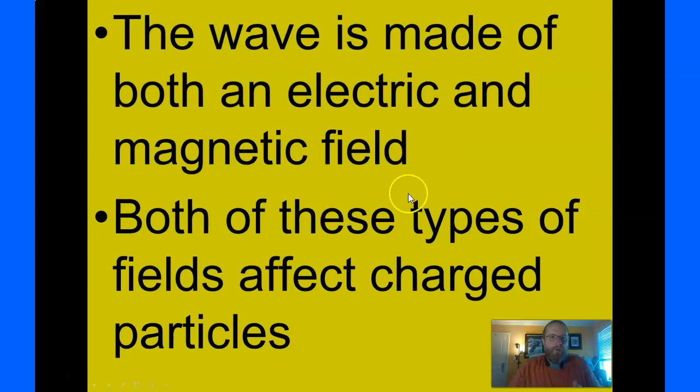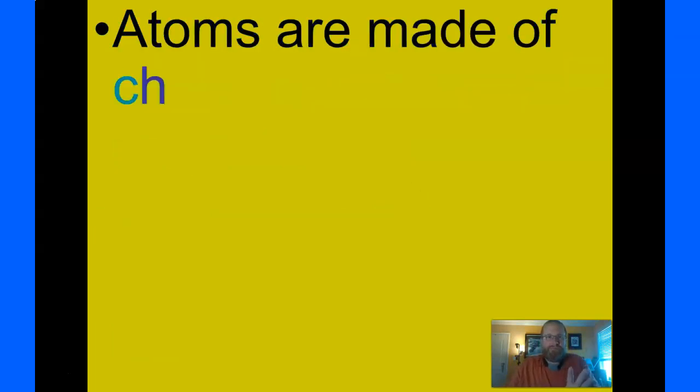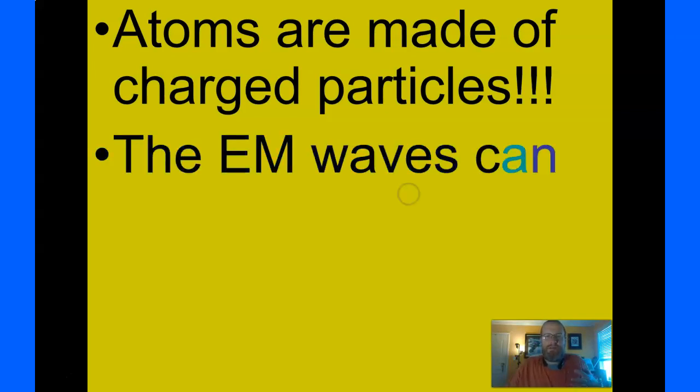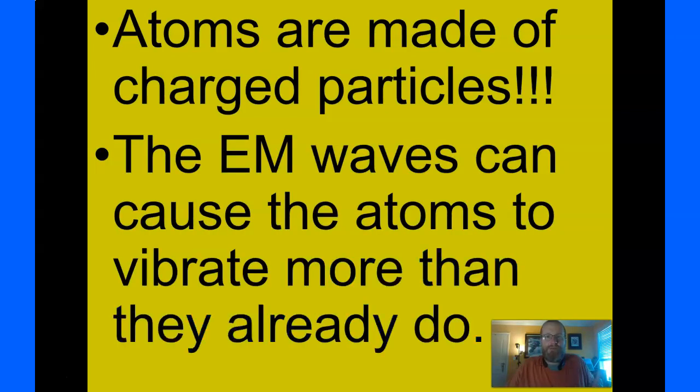Well, okay, what are you made of? Atoms combine together to make molecules, and atoms have protons and electrons, which are charged particles. So you have charged particles in you. These electromagnetic waves hit your charged particles and make them vibrate more than they already do. In other words, they can warm you up. You want an example?